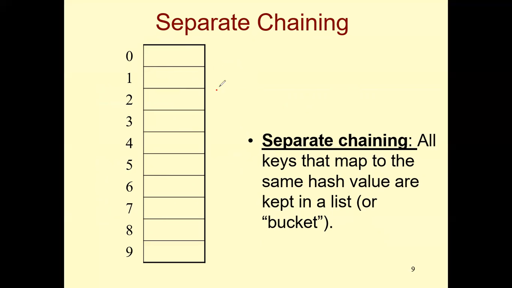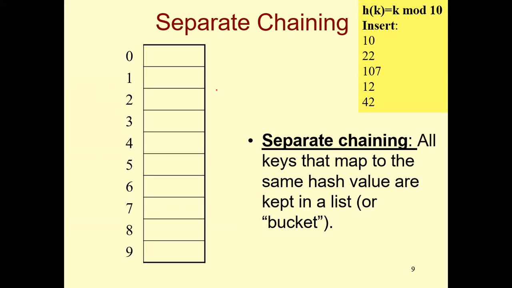All right, so we have these values to be inserted. Let's say we are using h of k, where the hash function is h of k equal k mod 10.